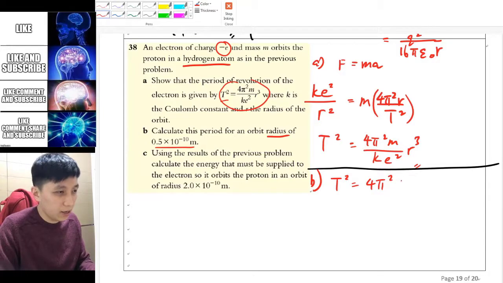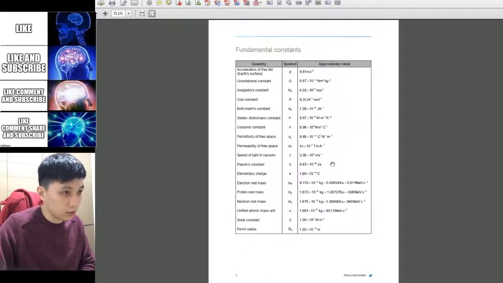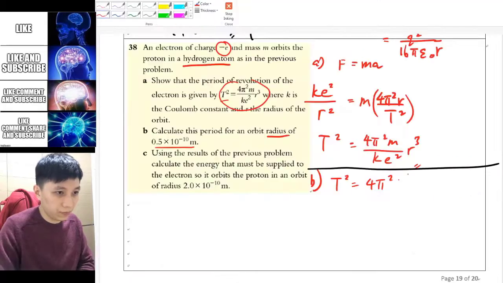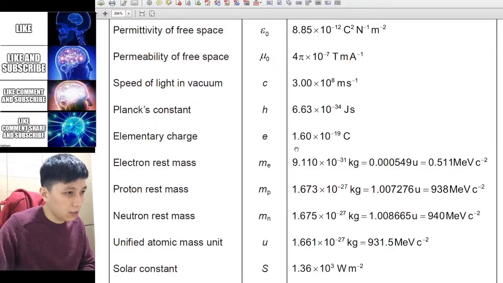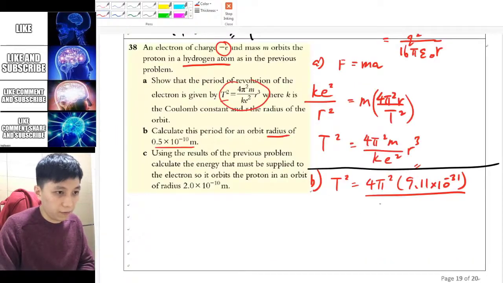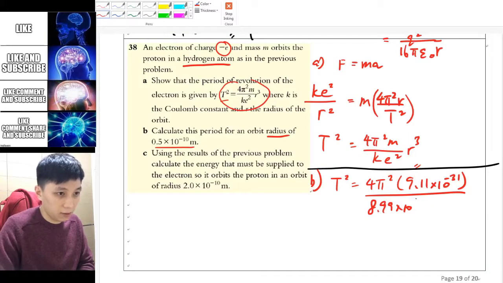Mass you can find in the data booklet, which is 9.11 times 10 to the power of negative 31 kg, over k, and for k you can find it here, or if you can remember it, that would be great, times 10 to the power of 9.